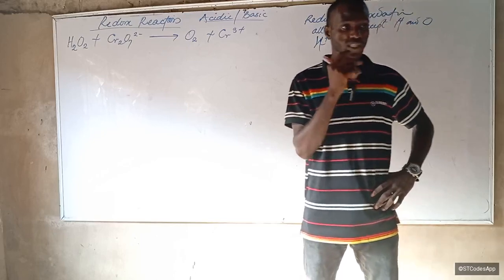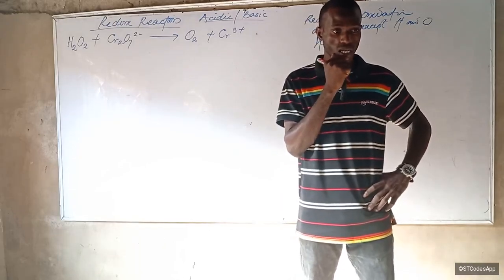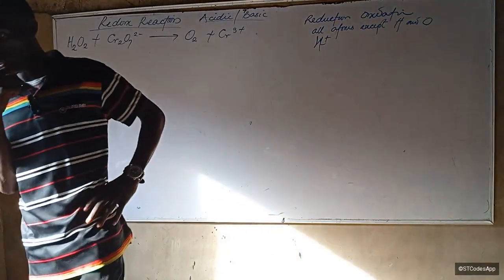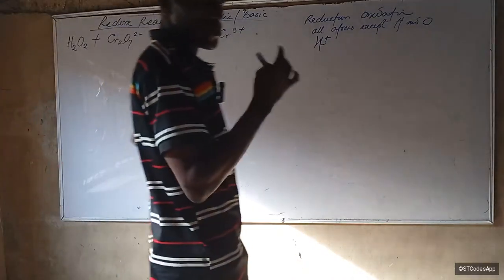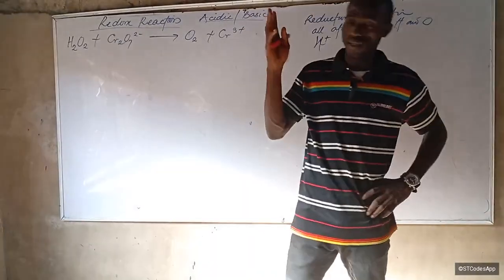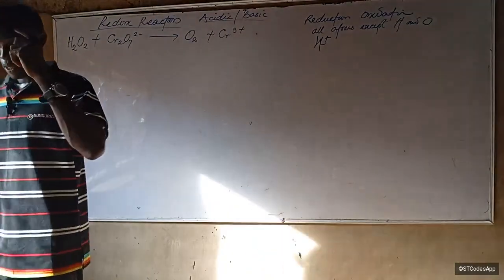And balance positive charges. That's the next point now. That's balance ionically, or you say balance electrons, balance positive charges by adding. Oh, we missed a step. We said balance.